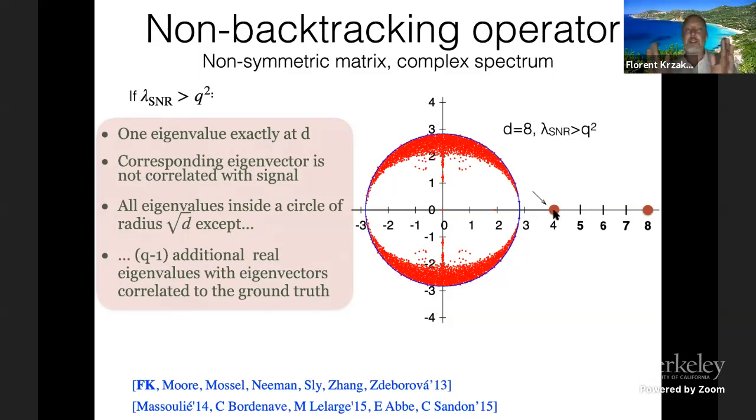So that's nice because looking at the non-backtracking operator allows us to understand what's going on with BP. And once you know this, you can also forget BP altogether and just work with the spectral method. So this is the kind of overlap you get when you look at the eigenvector associated with this one. You see you have good correlation with those, which are color 1, and those, which are color 2.